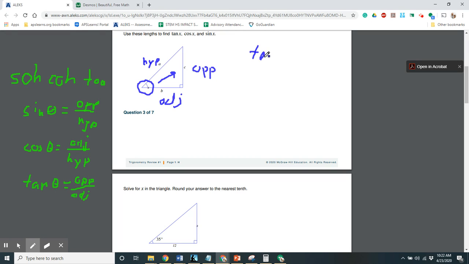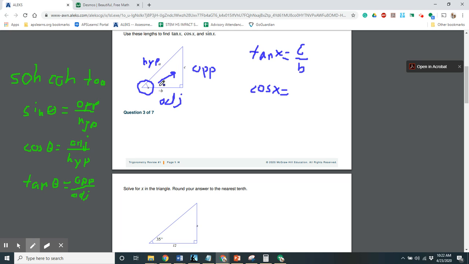Tan is opposite over adjacent. Opposite is C, adjacent is B, so tan would be C over B. Cosine is adjacent over hypotenuse.